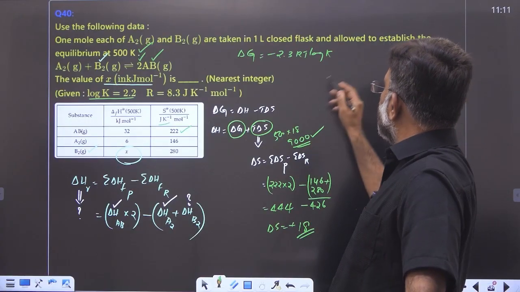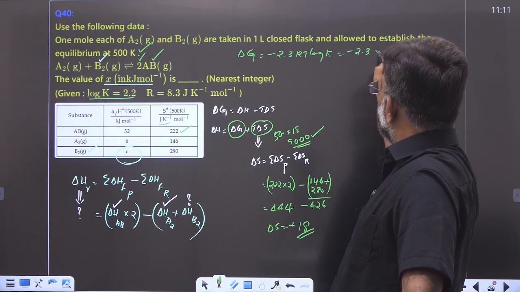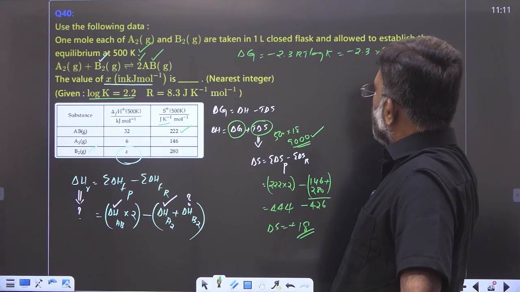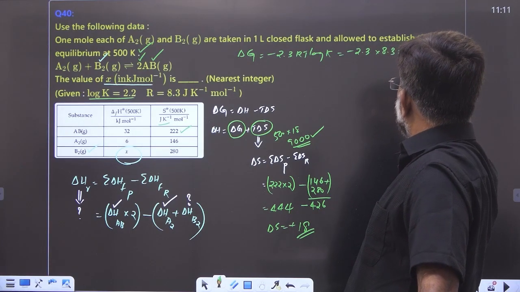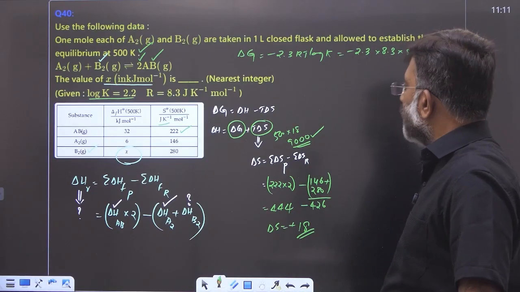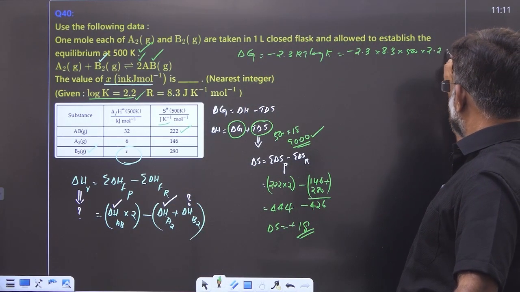So we can find out delta G. So it will be minus 2.3 into R value, 8.3, into temperature, 500, into log K. Log K given is 2.2.